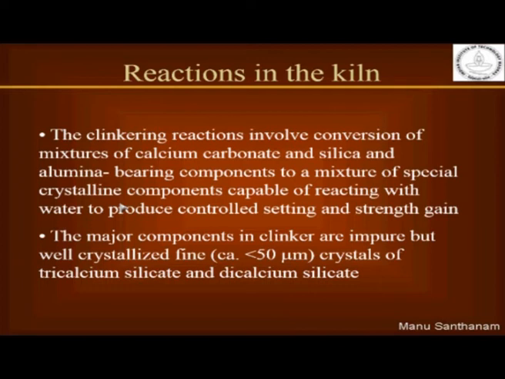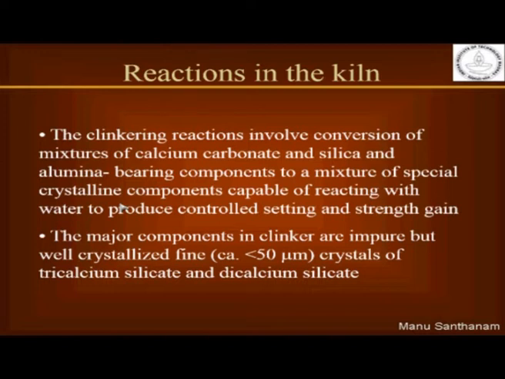Again, there is a lot of chemistry, there is a lot of geology that is required to really understand the reactions that take place inside the kiln, but I will run you through some of the important reactions that happen inside so that you are able to understand how these compounds actually get formed. Okay. So, the clinkering reactions primarily involve the conversion of calcium carbonate and silica and the alumina bearing components to a special mixture of different types of compounds which have the possibility to react with water and set and harden in a reasonably good amount of time.